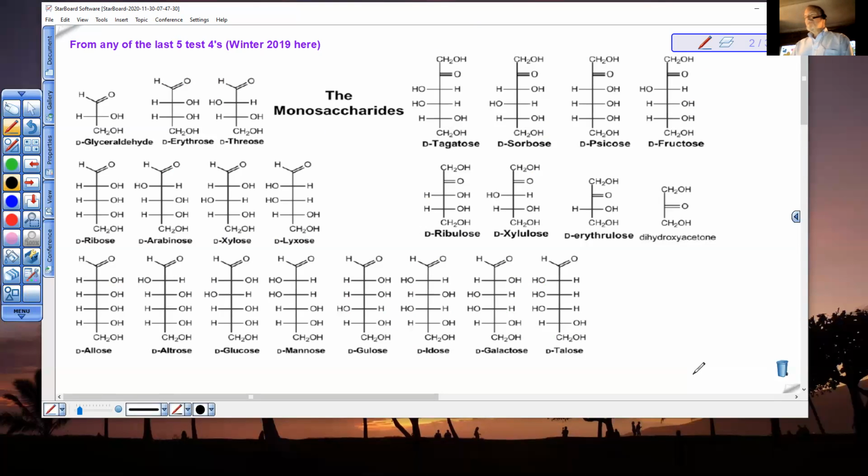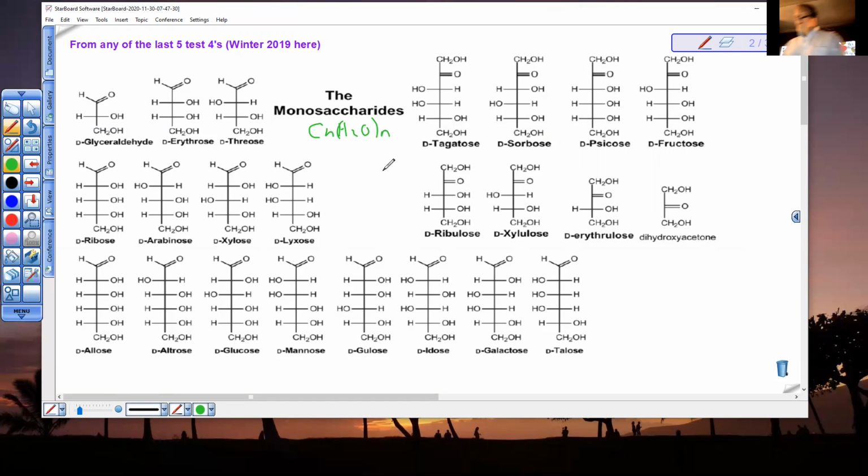Now, there's 2 major types of sugars on this handout called the monosaccharides. By the way, all of these on this page are CnH2nOn. And everything here fits that. That is the formula for monosaccharides. That is carbohydrates.